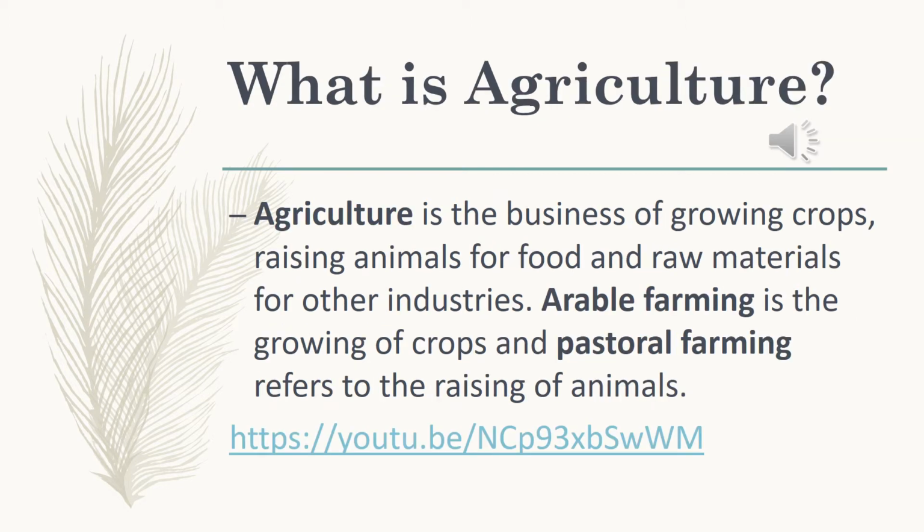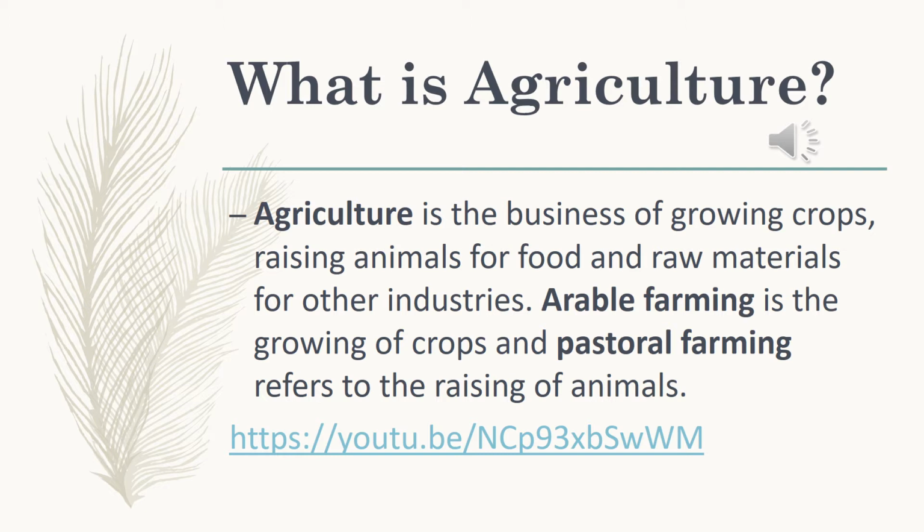What is agriculture? Whenever you have your meal, do you wonder where the food comes from? Who grows all this food for you? Who grows the cotton to make the shirt you wear? Agriculture is the business of growing crops, raising animals for food, and raw materials for other industries.